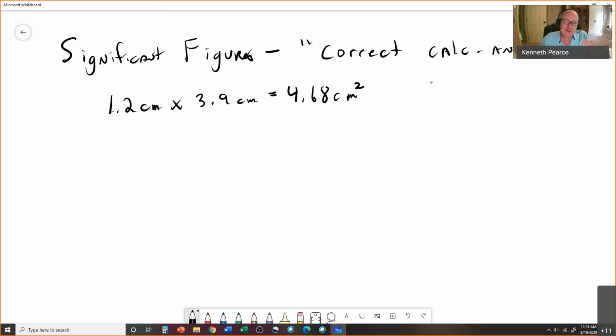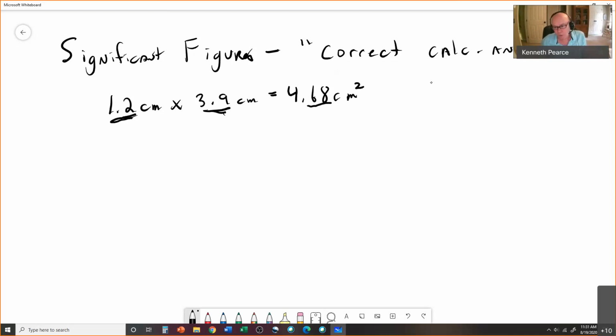You can't just add more information than you have. In other words, the only information I have here for the first one is 2 digits of information over here. And with my ruler, the best I could do was out to 1 decimal place, but I got 2 digits of information there. But now you're going to tell me that I can have 2 more decimals over here.